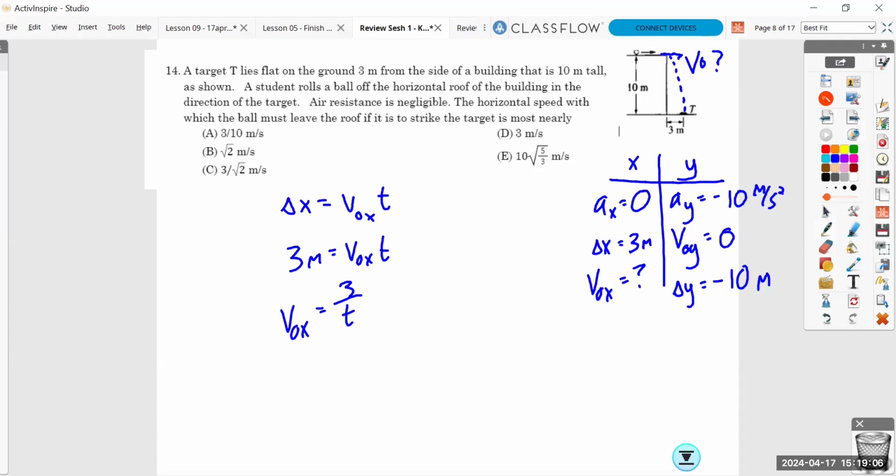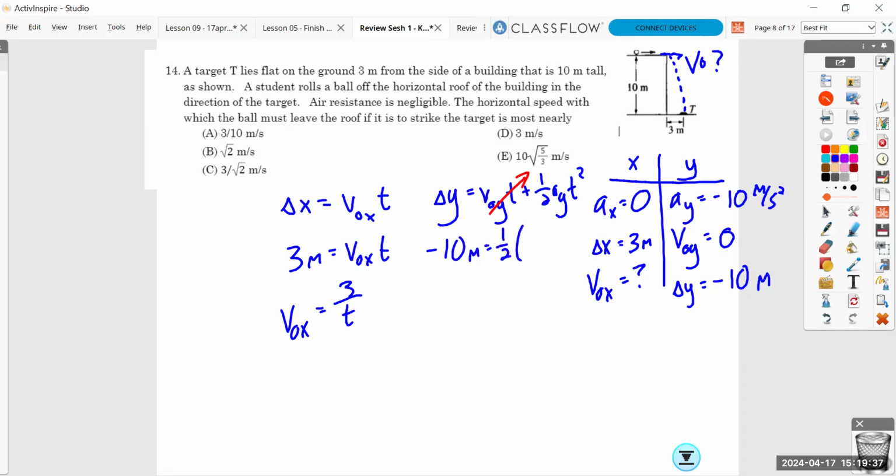Yeah, the second one, right? The second one. You said it correctly. That's just the 1/2 a t squared. Now, if we write that in the y direction, we can write delta y equals, I'm going to do this all the way out because it's been a while since we've done this, v0y t plus 1/2 ay t squared. The nice thing here is we know that our initial y velocity is nothing. If I want to be really responsible here, it falls down 10 meters.